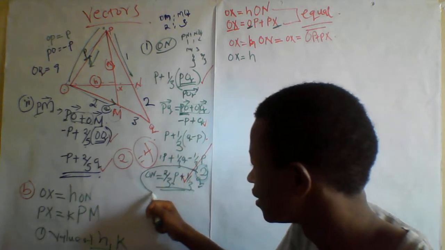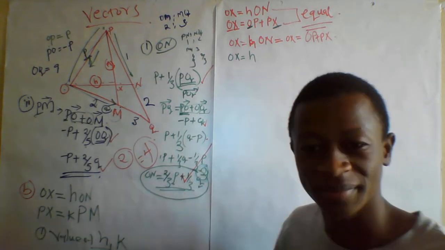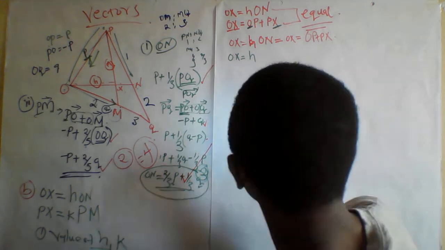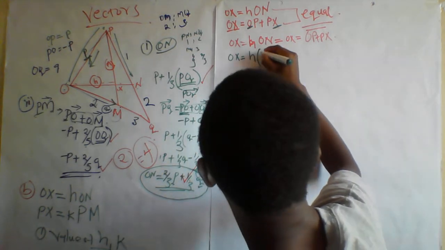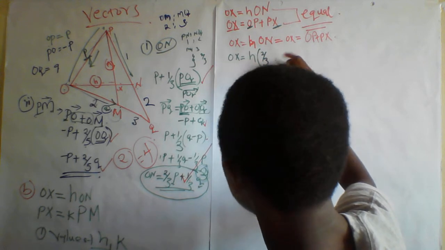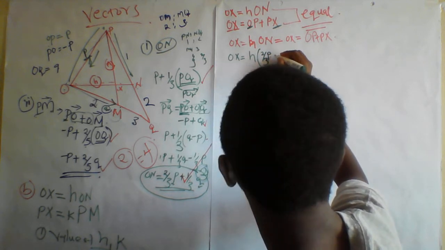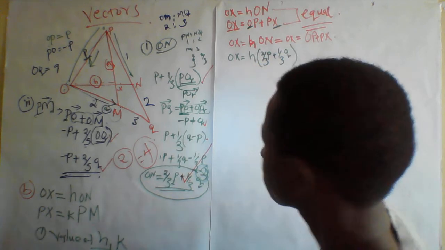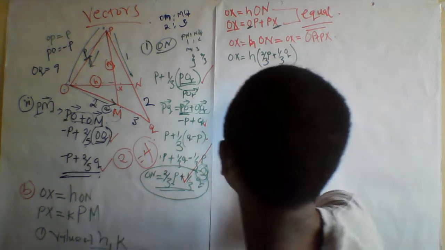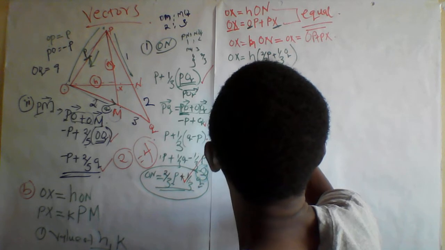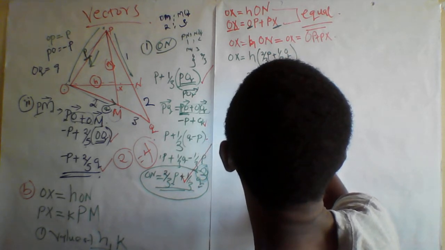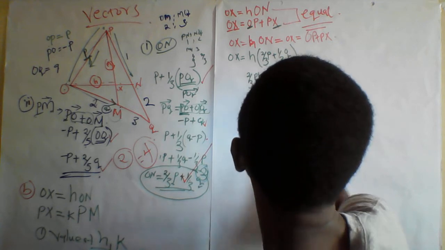Our ON is in the first question. You see how the symbol is. So h of ON, which is h times (2/3 P plus Q). Just open the brackets, so it becomes 2/3 Ph plus Qh.